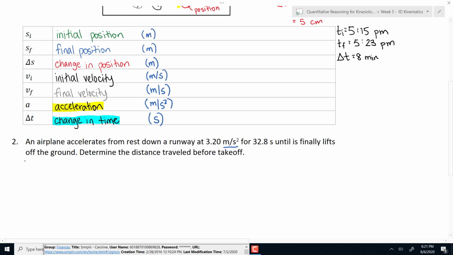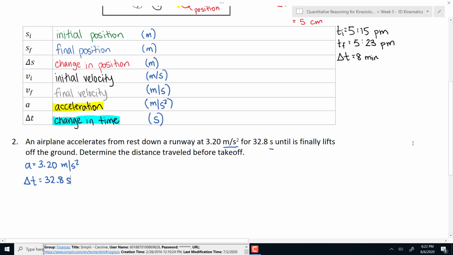So that is our acceleration. For 32.8 seconds. Okay, that's the amount of time that's gone by. So that is our change in time, delta t. 32.8 seconds until it finally lifts off the ground.